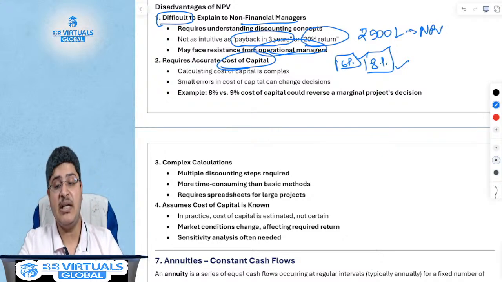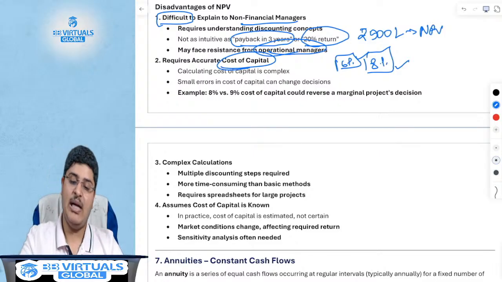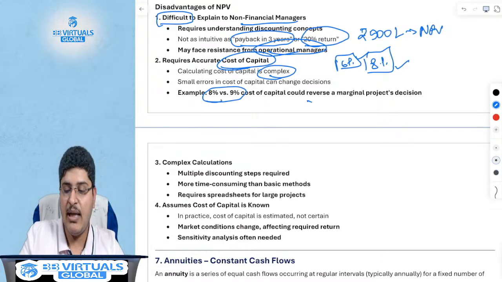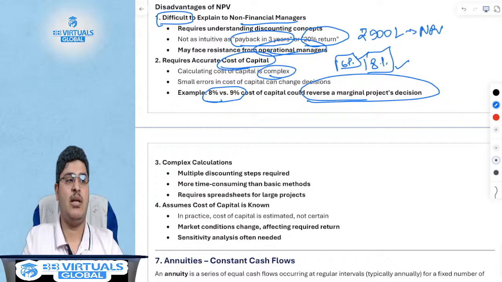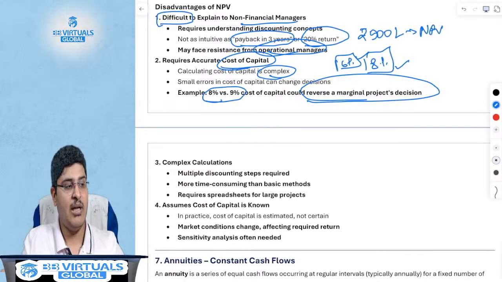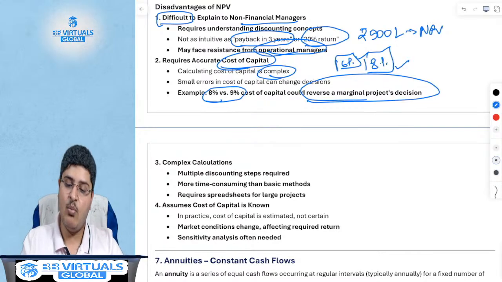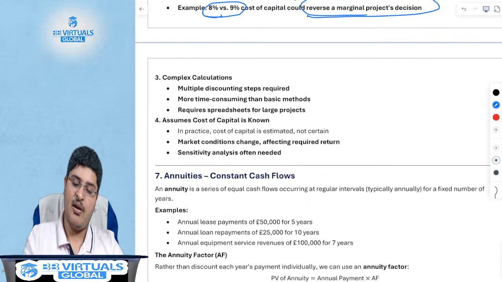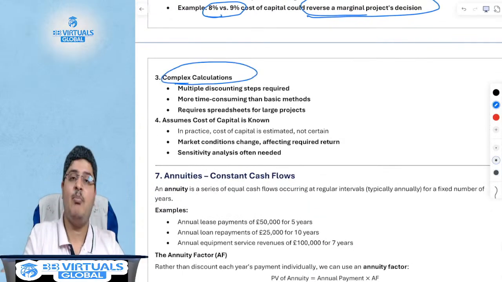Otherwise, the investment decision may prove to be inaccurate, and hence, which is complex. And even a minute difference of 8 versus 9% can reverse a marginal project decision. If the decision is very marginal, on the boundary, then even this 1% may reverse the decision of the project. The calculations are complex.